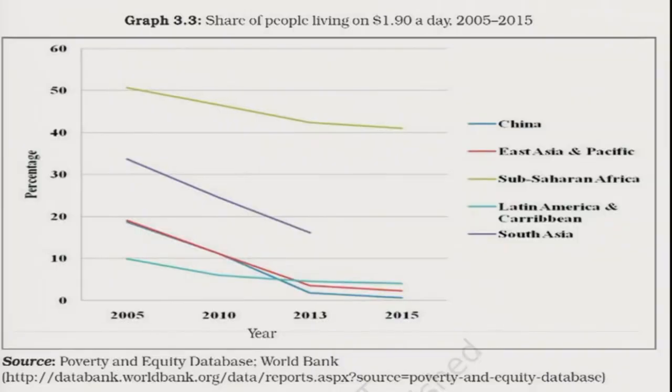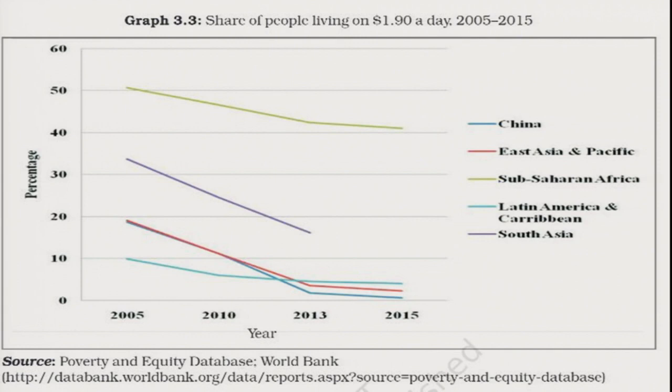Now, let us have a look at this graph also. This is showing the people living on less than $1.90 a day. From this graph, we can find out how the poverty has got reduced. If you take the data from 2005 to 2015, you will find that the poverty in China has drastically reduced.